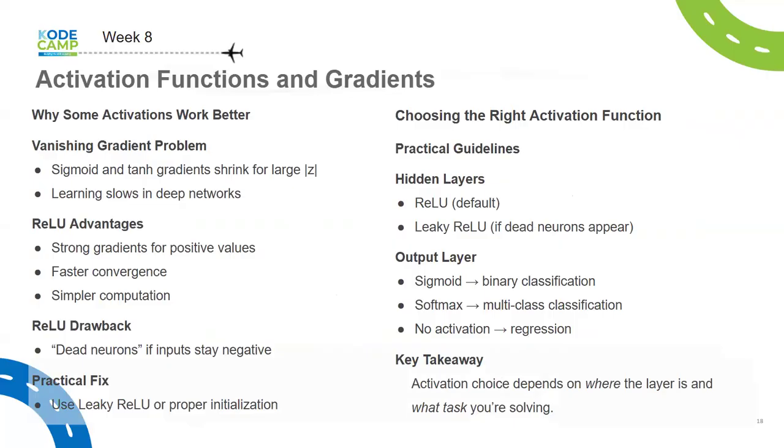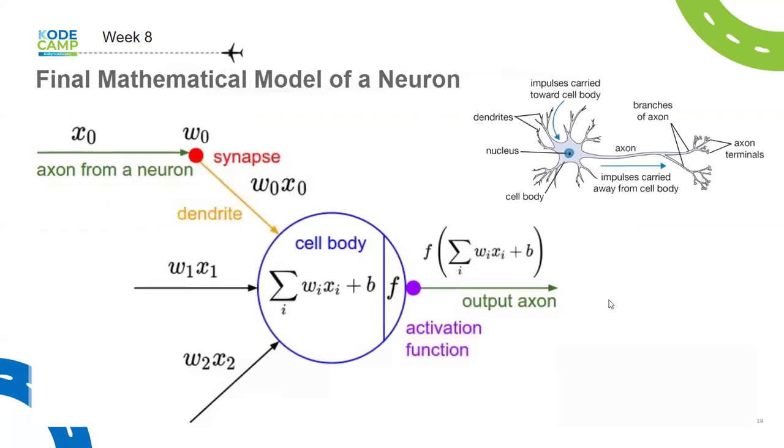Because if you use it in all layers, then you would have that problem of collapse into a single linear transformation. So the choice of activation function that you use for a particular neuron or a particular layer depends on where the layer is and what task that you're trying to solve. So that's very important to take note of.